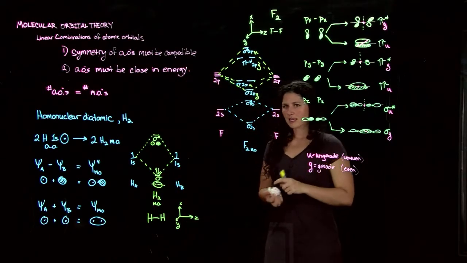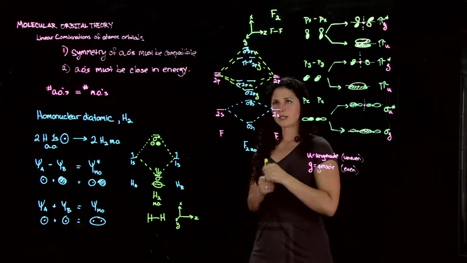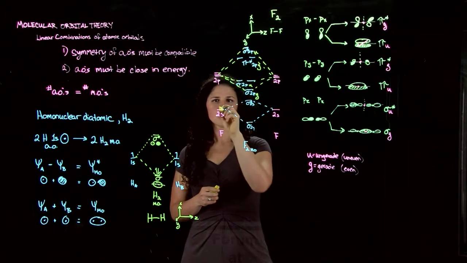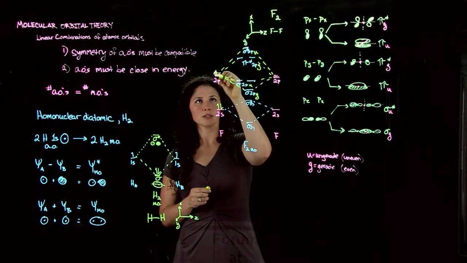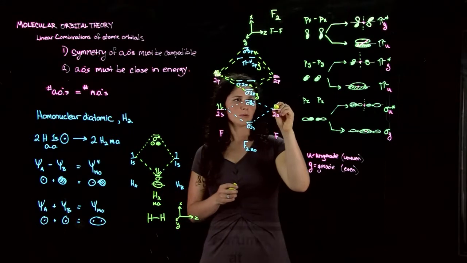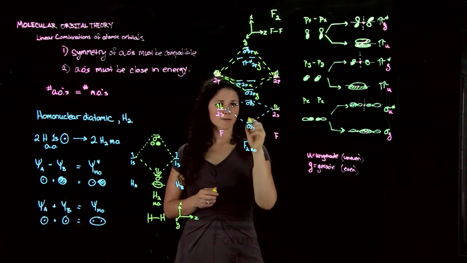So now you can see how to draw the atomic orbitals, and we can now fill in the electrons. So the fluorine has 7 electrons on each one. 1, 2, 3, 4, 5, 6, 7. 1, 2, 3, 4, 5, 6, 7. And that means we have 14 total.